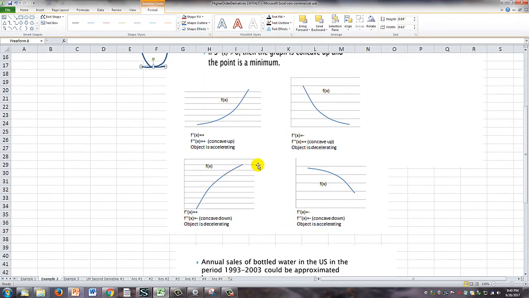But here is something interesting. This little series of graphs here: if you want to know whether something is accelerating or decelerating, you can also use the first and second derivative. So if your first derivative is a positive number, then you can see it's increasing. See that? It's going up. The function is going up, the rate is increasing.